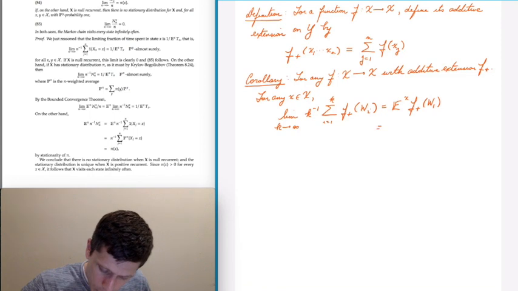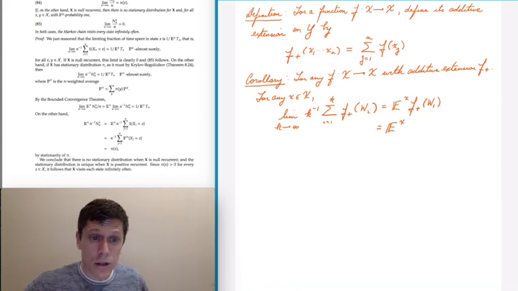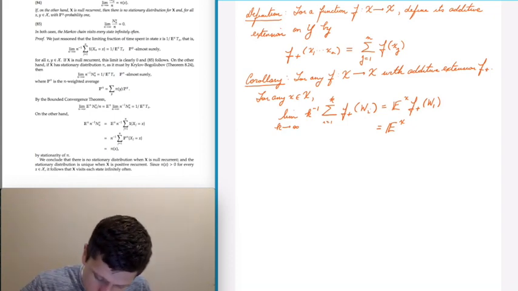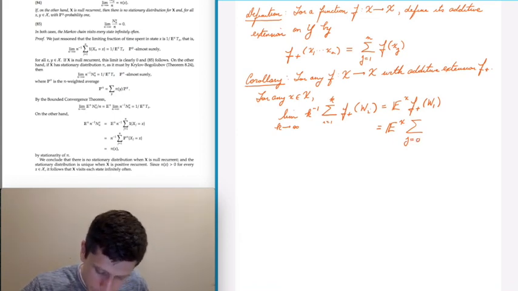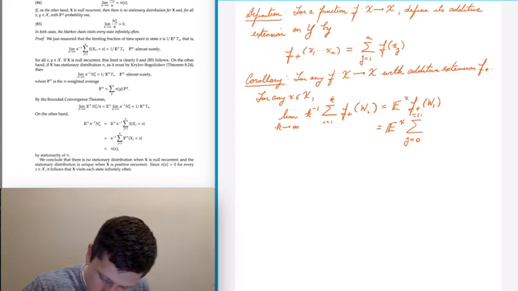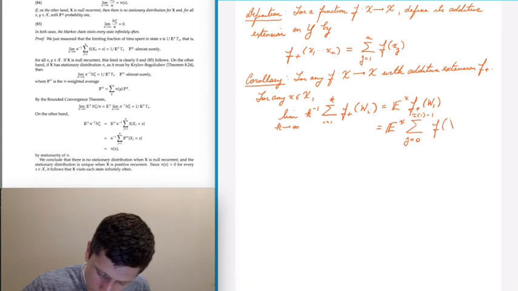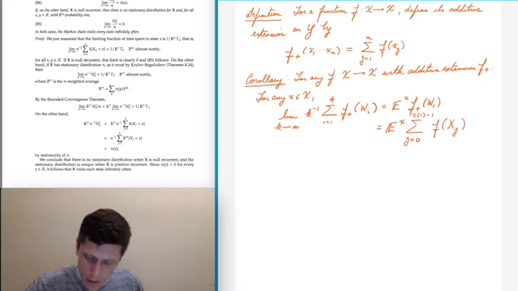Of course, this is the expectation of the additive extension f plus, remember this is defined up here, but the length of the word is random. This is the length of a word of length tau 1, starting at 0, of the function f evaluated at x_j.